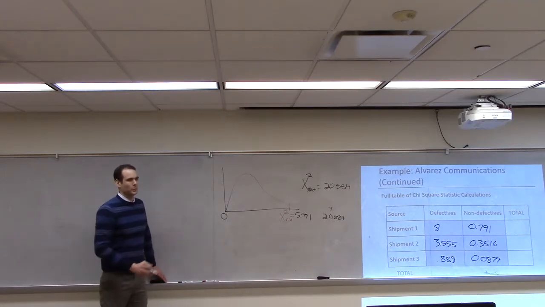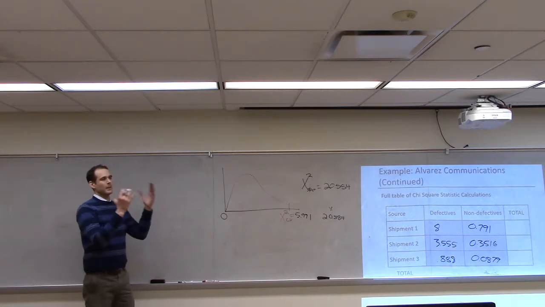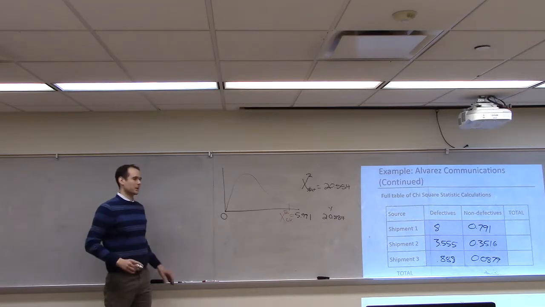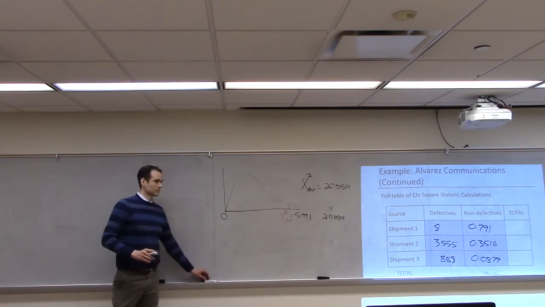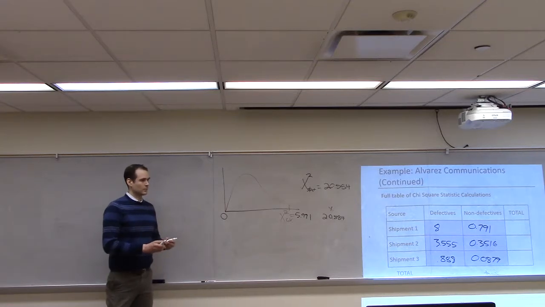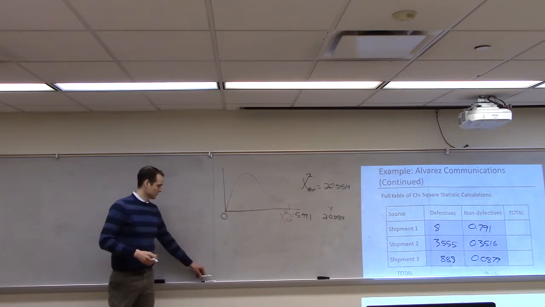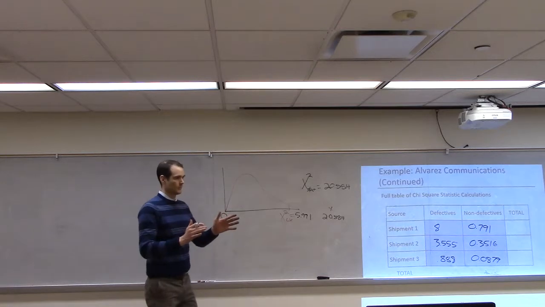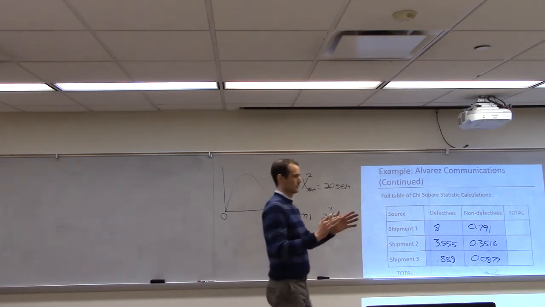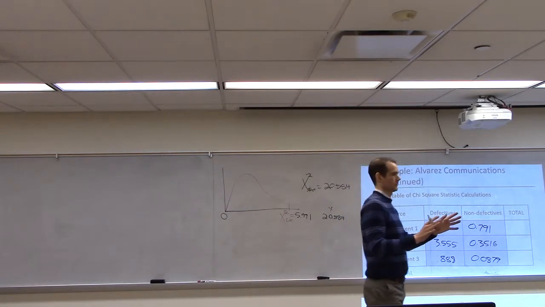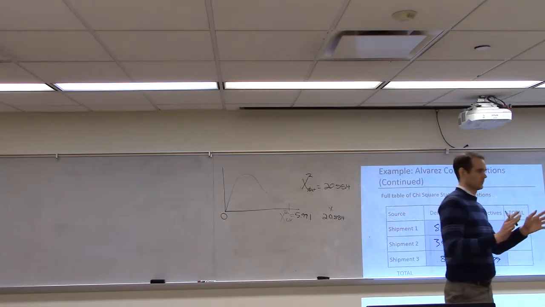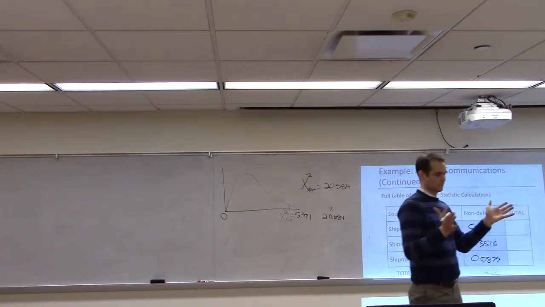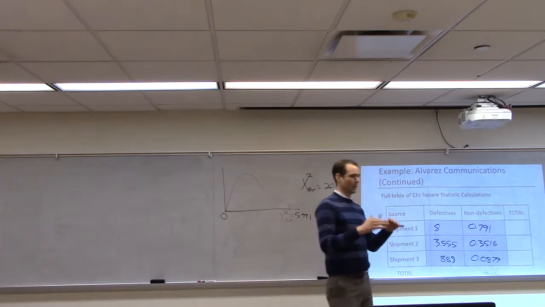Kelsey, in your own words, just tell us in English, what is the null hypothesis? That the true proportion of defective cases for shipment one is equal to the true proportion for shipment two and shipment three. Okay, so they're all equal.